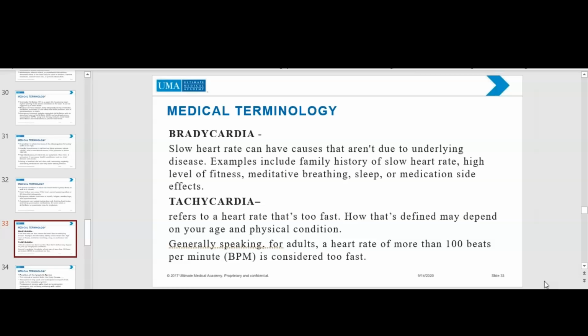All right, let's talk about tachycardia. It refers to a heart rate that is too fast. So bradycardia is too slow, and tachycardia means too fast. So if we break it all down, brady equals slow, right? And tachy equals fast. Okay.